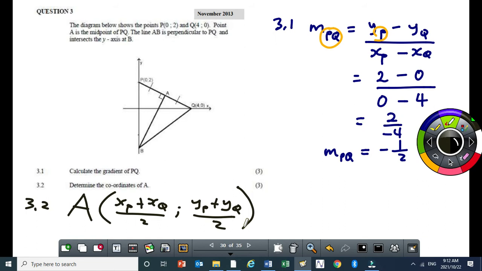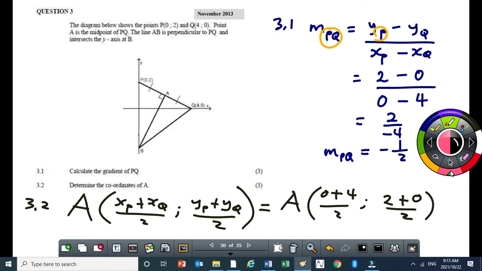Then we substitute. So if I substitute, I'm going to have XP, which is 0, plus XQ, that's 4, all over 2, and YP is 2 plus YQ is 0, and you divide that by 2.